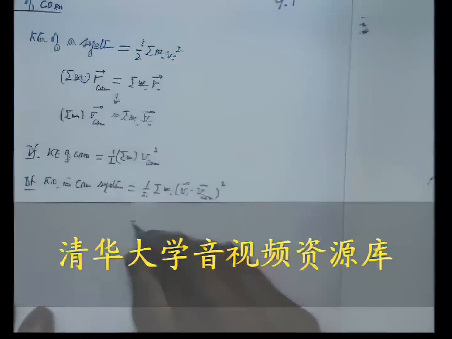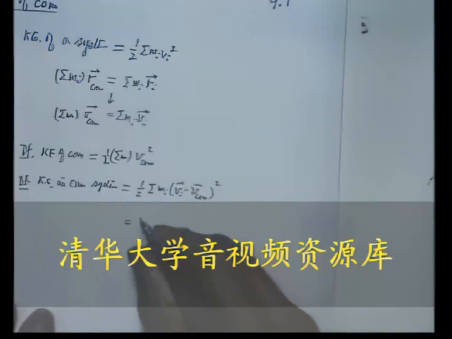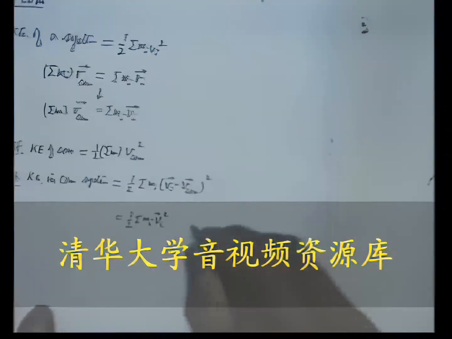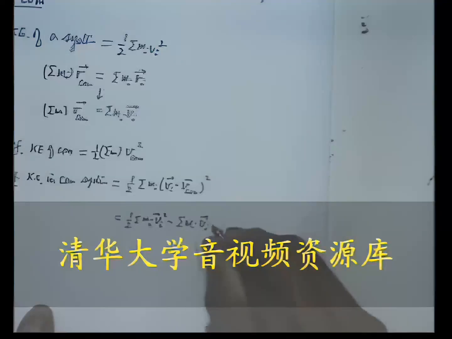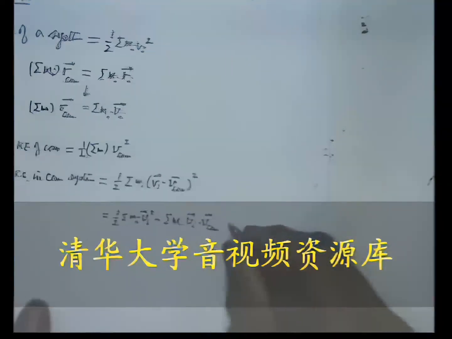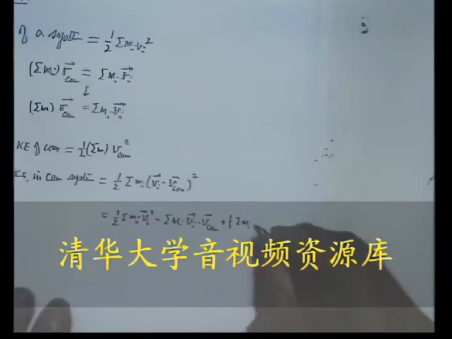Now we expand this. It becomes 1/2 sum of m_i v_i squared, minus summation m_i v_i dot v center of mass, plus 1/2 sum m_i v center of mass squared.